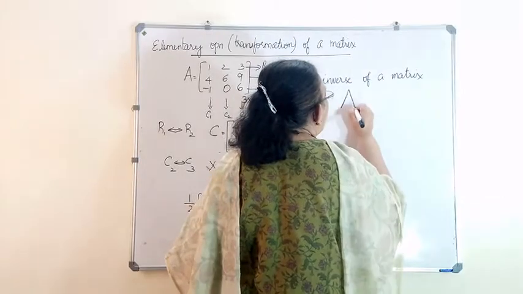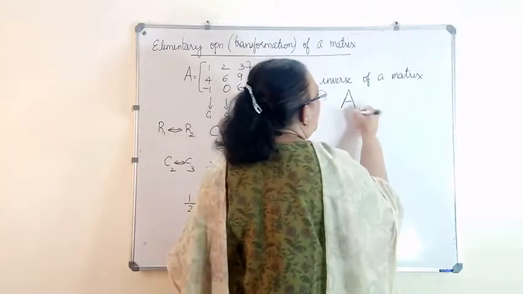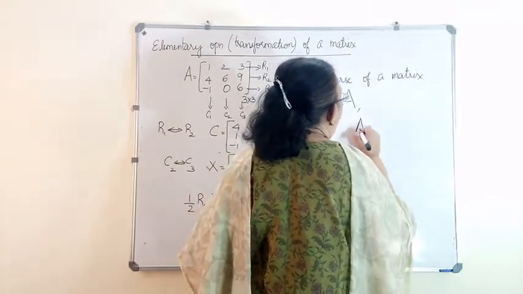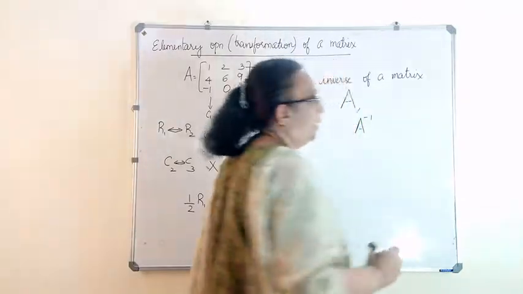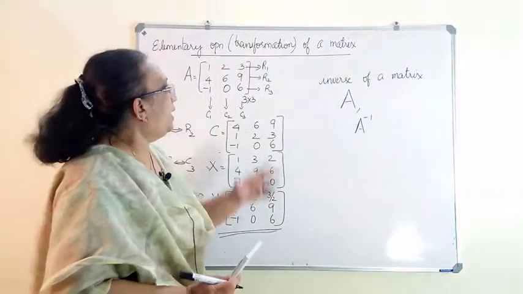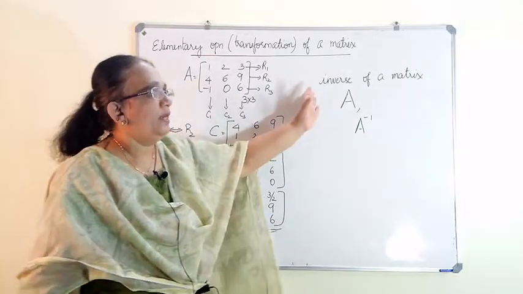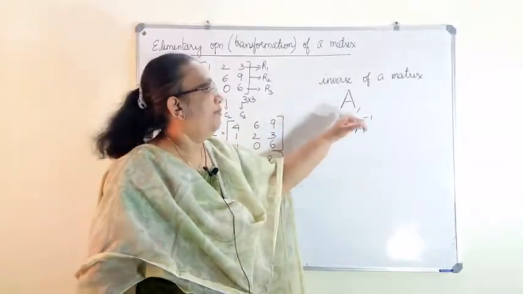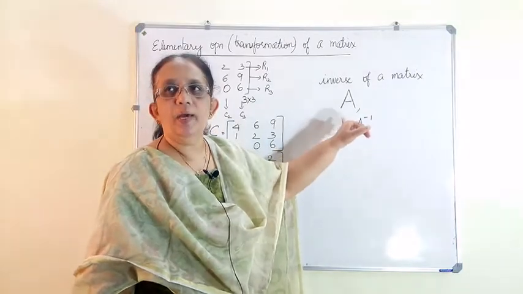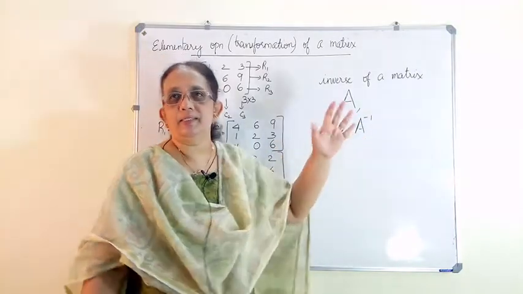Suppose if there is a matrix A, the inverse of the matrix is denoted by A raised to minus 1. So that is the application of transformation of matrices. Whenever you have a matrix A, you can find the inverse of the matrix.